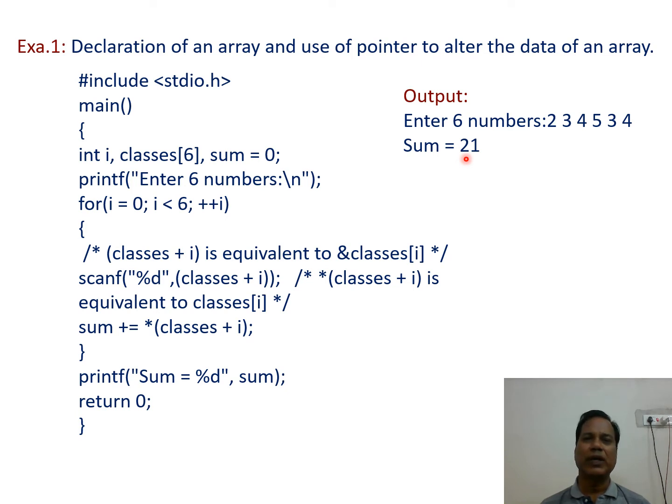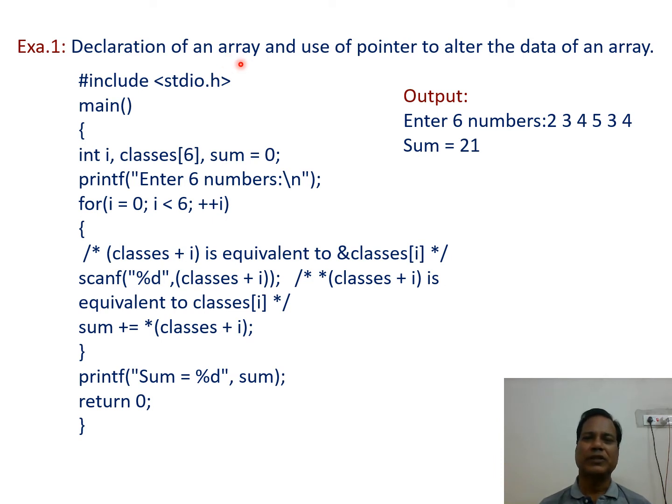In this way we see that the name of the array is acting as a pointer, because a pointer variable stores the address of the data, and in a similar way the name of the array points to the first element of the array, that is, it shows the address where the first element of the array is stored.